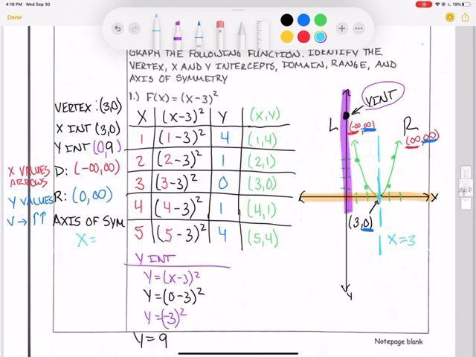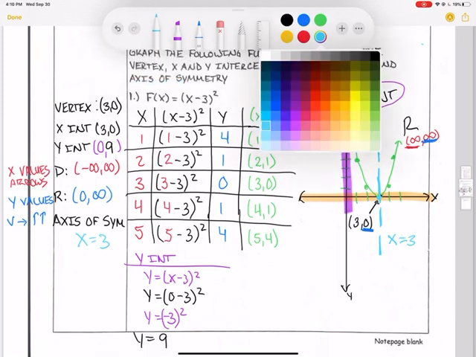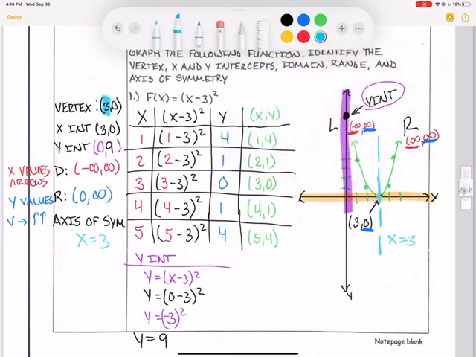So x equals 3 is our axis of symmetry. Just to give you a hint, the x value in the vertex and the axis of symmetry will always match up. So if in the vertex x was 4, x equals 4 would be your axis of symmetry. In this case, it's 3, so our axis of symmetry is x equals 3.